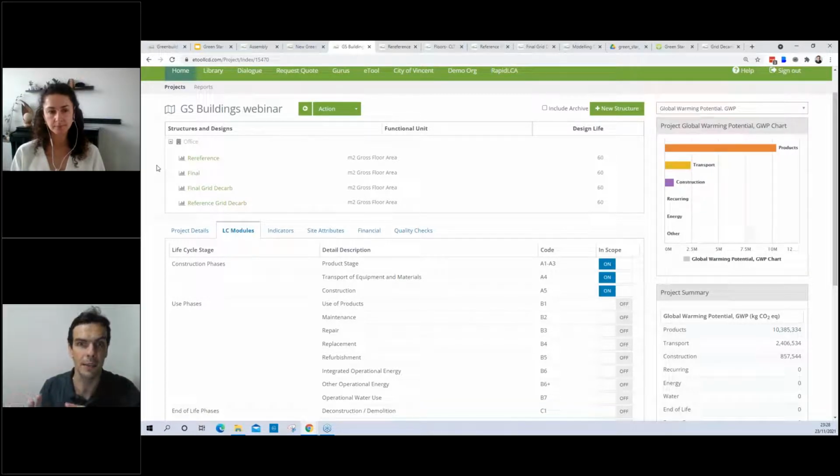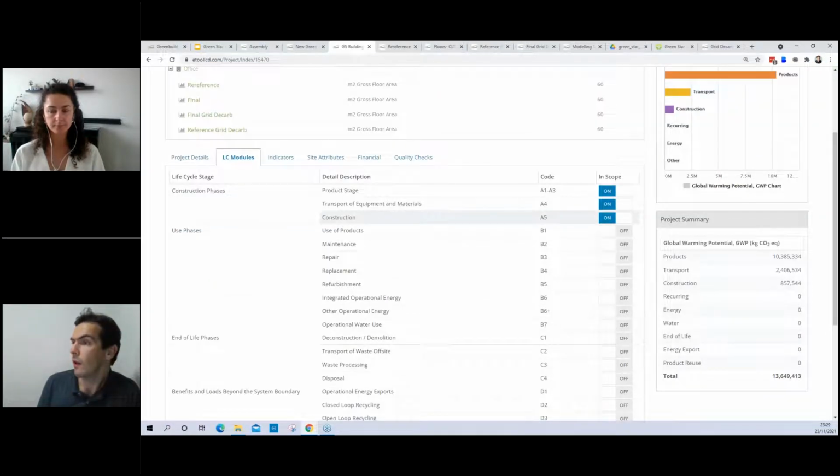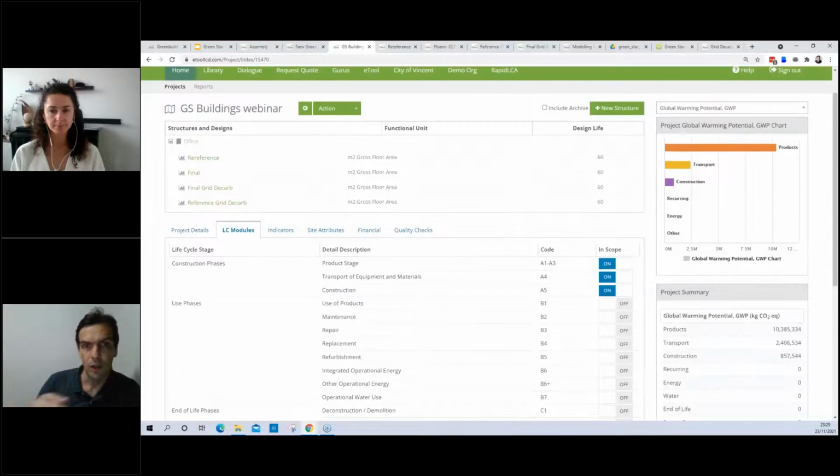Only Green Star takes it into account, so it's offset, but we're talking here about demolition of existing buildings, which is not part of the actual scope of the LCA. So you can use the old designs to calculate this, just to get a reference figure, because you do need to calculate this in order to offset.